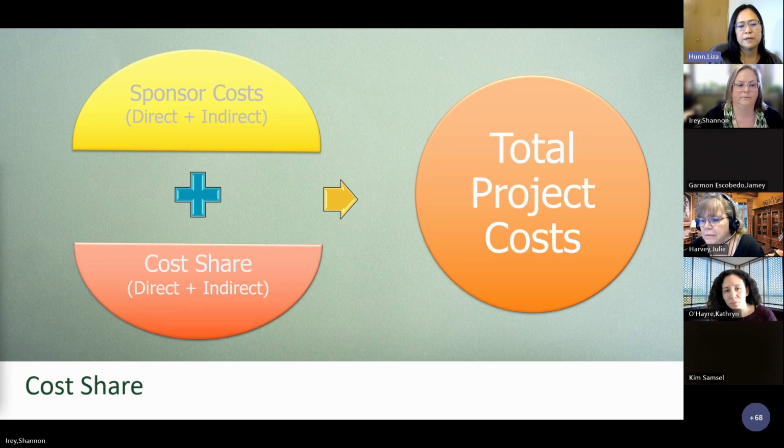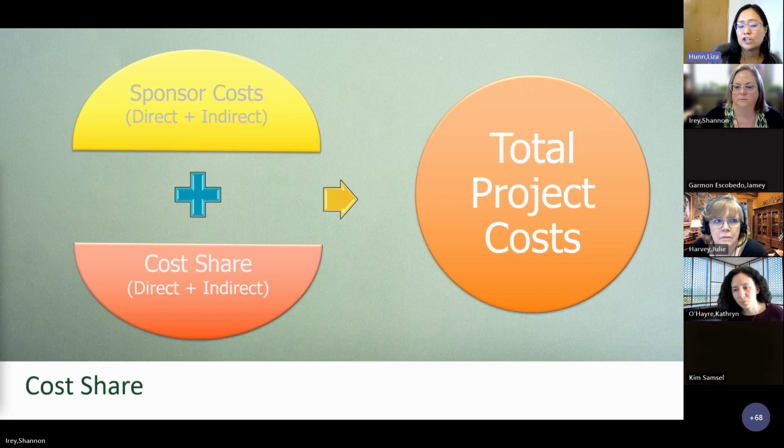That's what we're talking about. It has to be tracked. If you're proposing cost share, it cannot be promised to another project. Cost share cannot be from other federal funds, and cost share needs to be on the approved budget. Those are probably the initial highlights with cost share. And we'll go to the next slide.